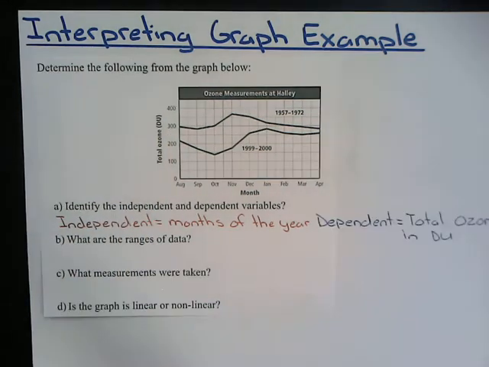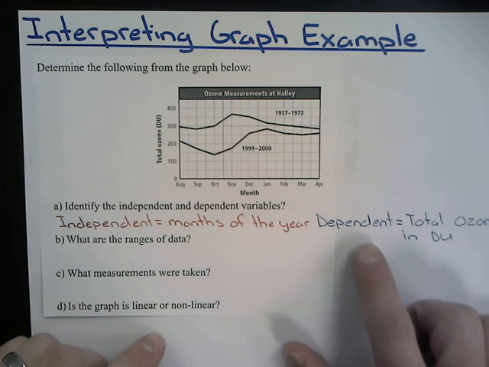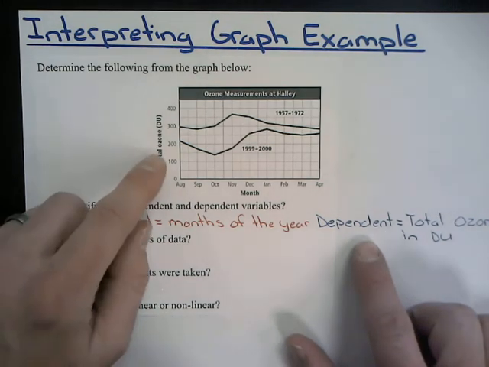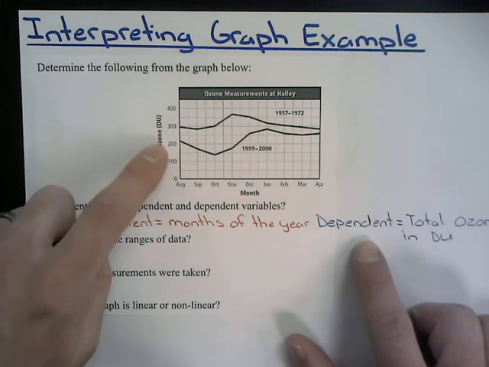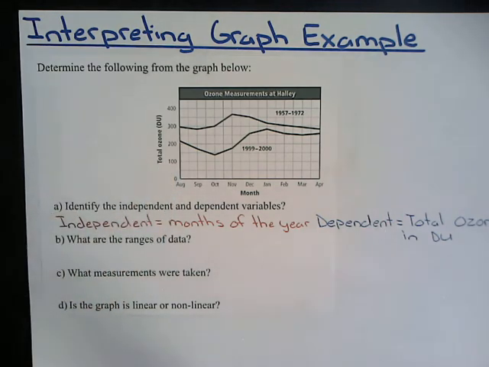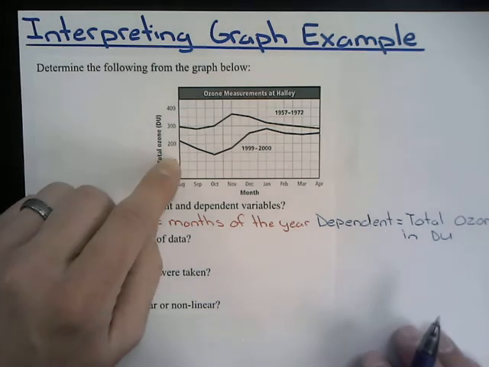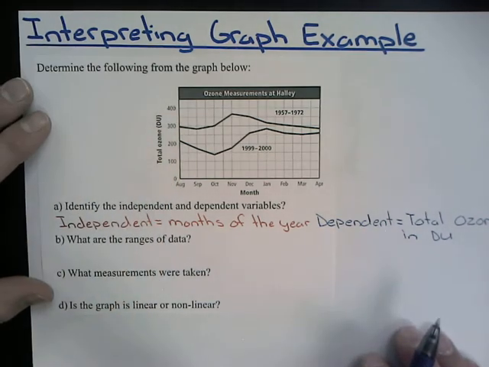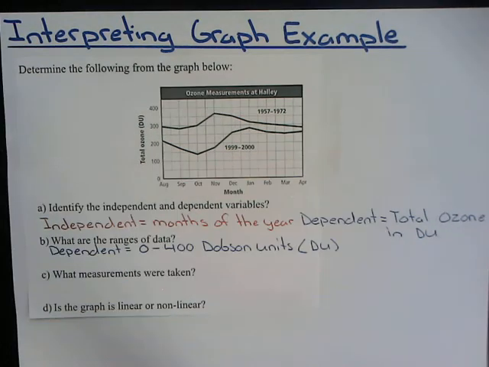So for the ranges of data, remember we have two different variables here, but if we look at the dependent variable, our total ozone, the range of data on our y-axis is from 0 all the way up to 400. And then we also have a unique thing happening here with our two lines.